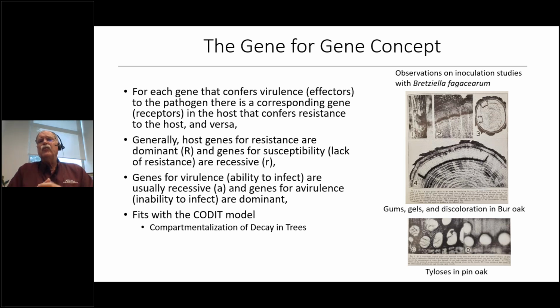And this brings me back to when I talked about oak wilt and the resistance responses to the oak wilt organism. Observations with inoculation studies in the bur oak that we talked about showed that there were portions of the vascular system that, when inoculated, turn dark and are full of all these gums and gels and dark compounds accumulated where the tree was inoculated.